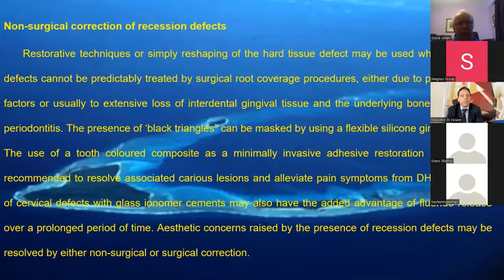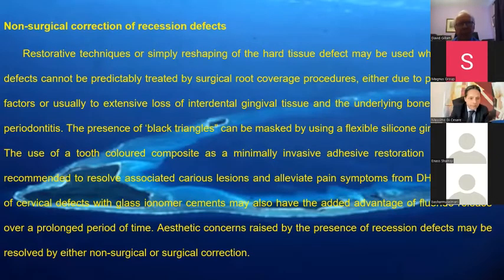So again, we've addressed the black triangles. If we don't want to do any surgery, you can do simple things like adding or remodeling the crowns or the composite fillings to close the gap and make it less obvious. I've already mentioned the use of flexible silicone gingival veneers; the use of tooth-colored composites as a minimally invasive adhesive restoration may also be recommended.